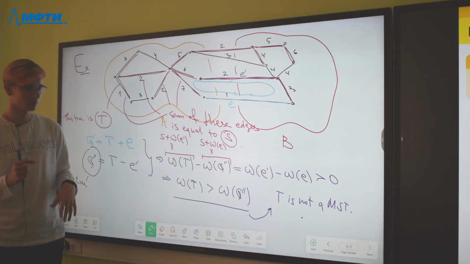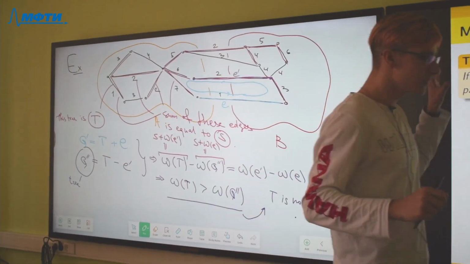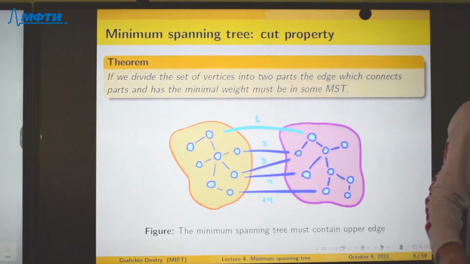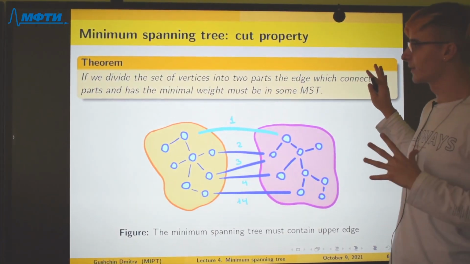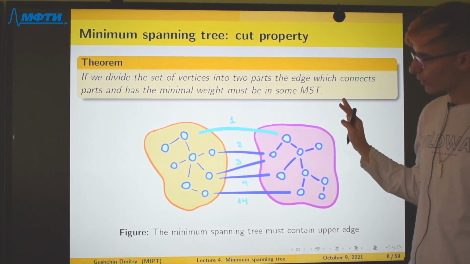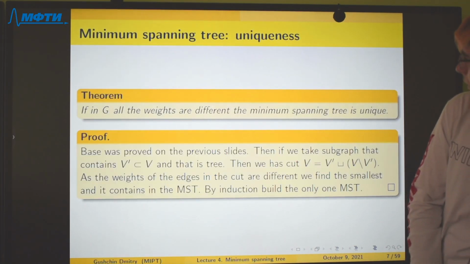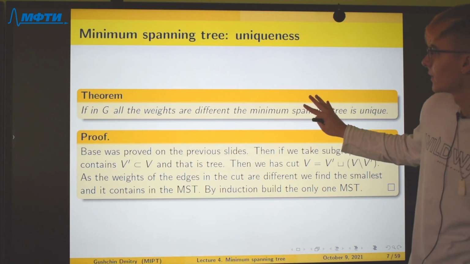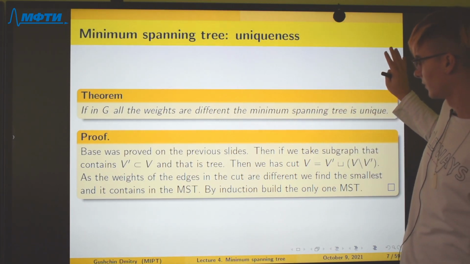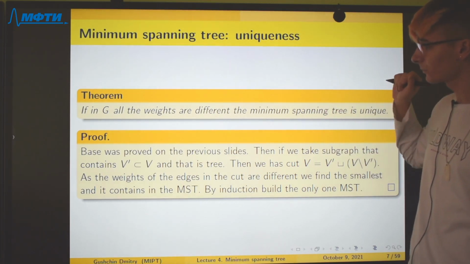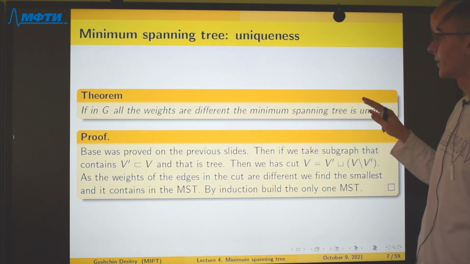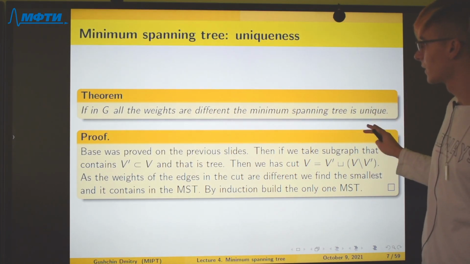No. Oh, nice. It's about the cut property, and we use this property in most of the cases. For example, firstly, about the last property of a minimal spanning tree, about uniqueness.